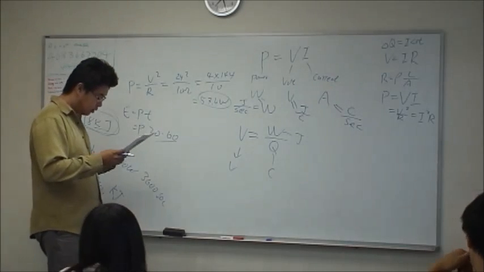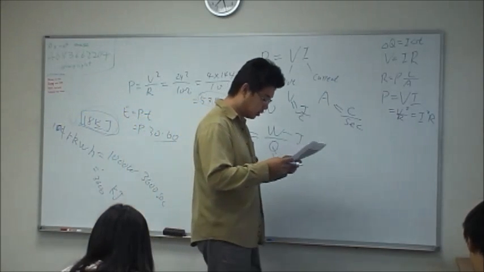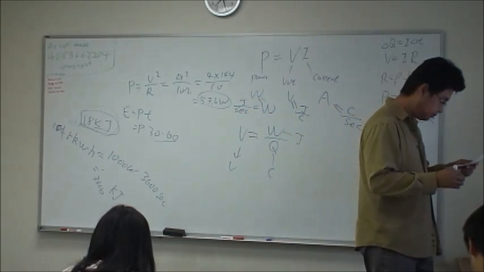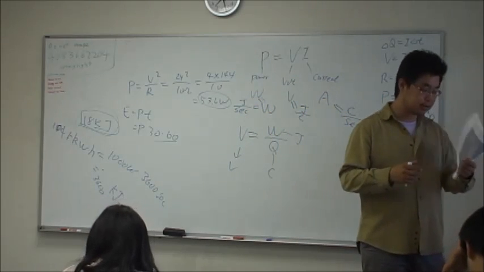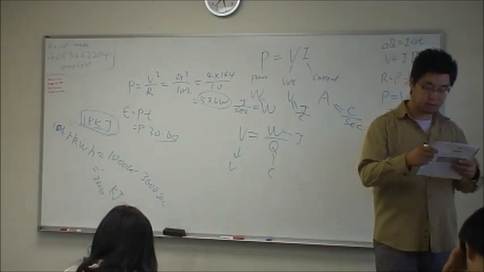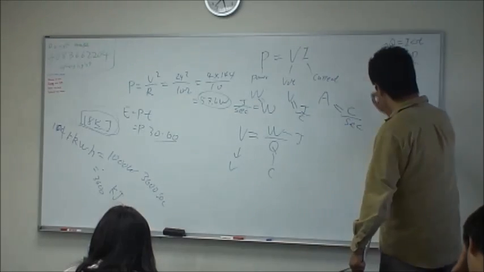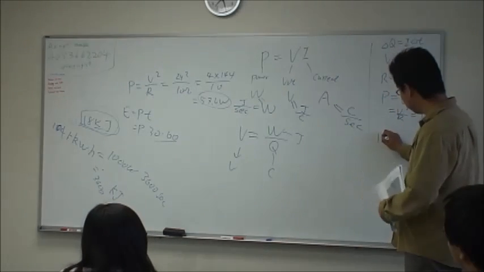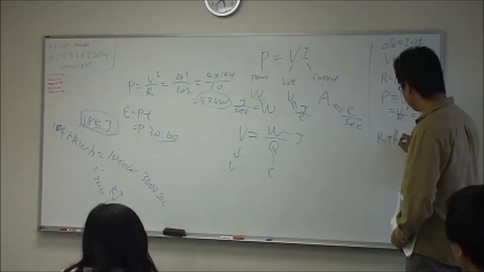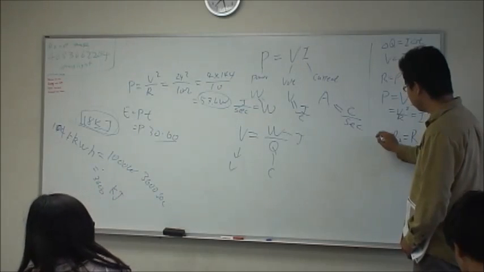Okay, let's keep going. Series and parallel in circuits. So if you have resistance in series, and then you have resistance in parallel. I didn't list all of it there, but it's R1 plus R2 equals R total if it's in series.